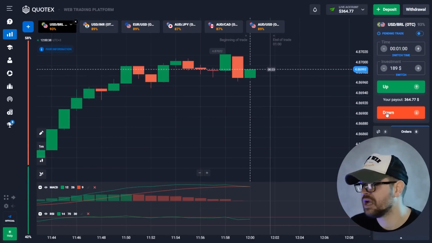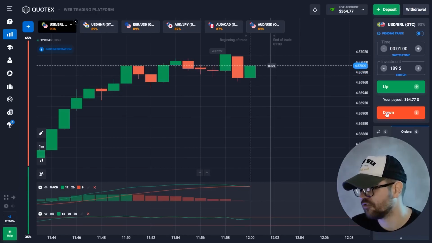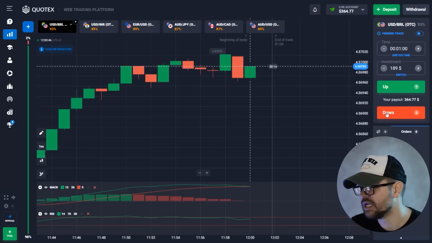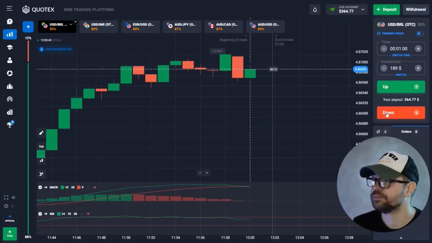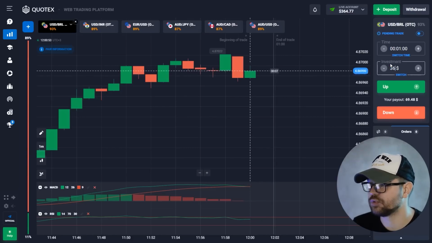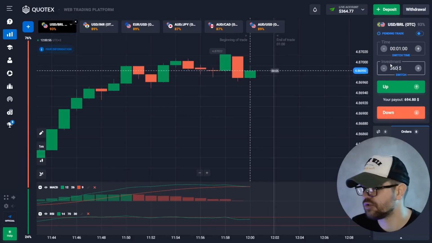Okay, but basically we have our profit, 364 on our balance. This is gonna be going for our next option, the entirety of it, to create a compound percent strategy, so the exponential growth of the balance.